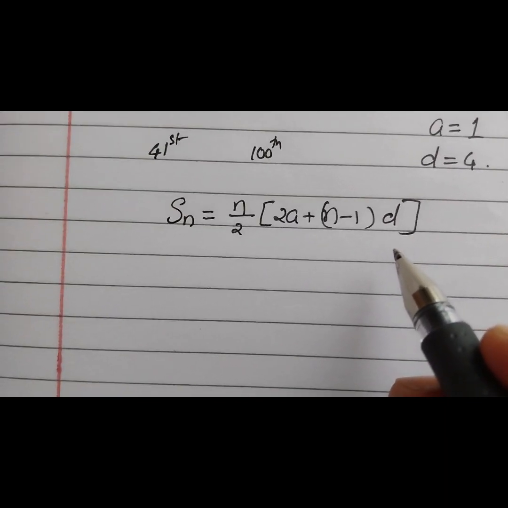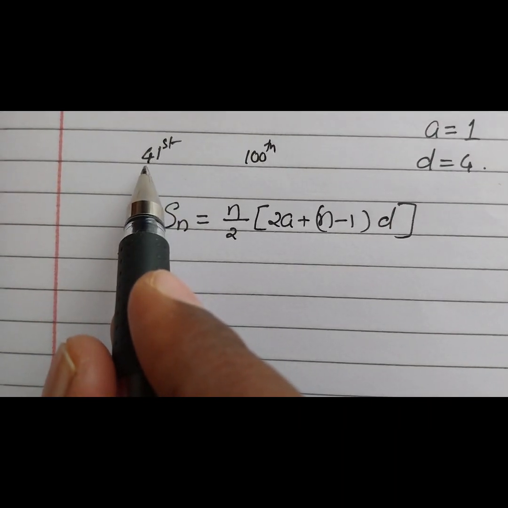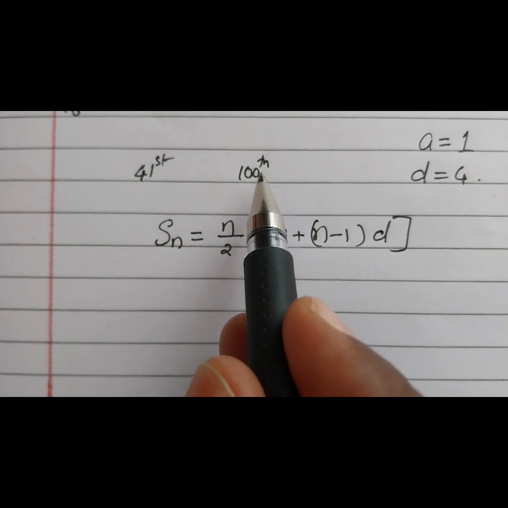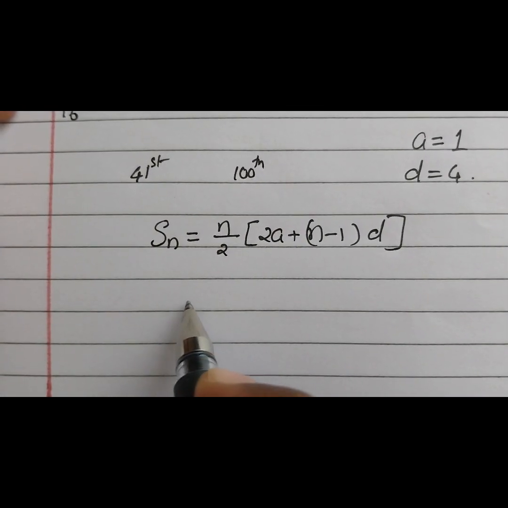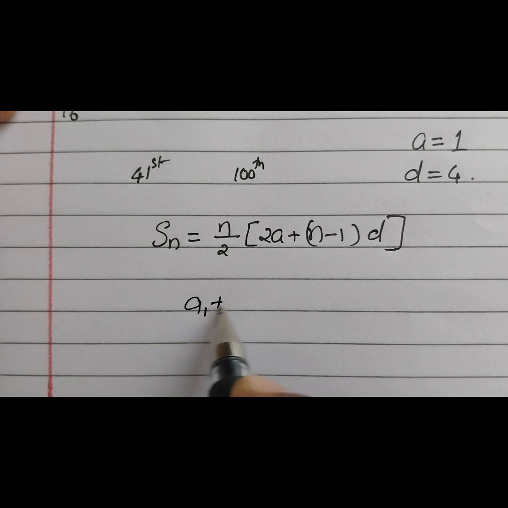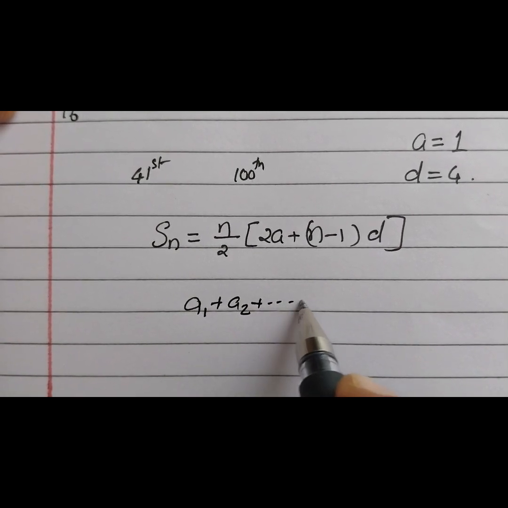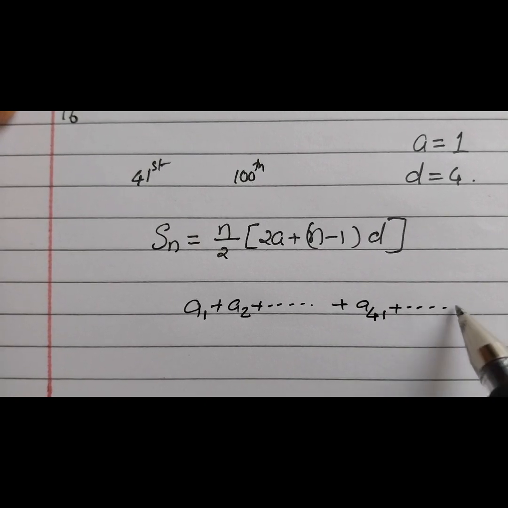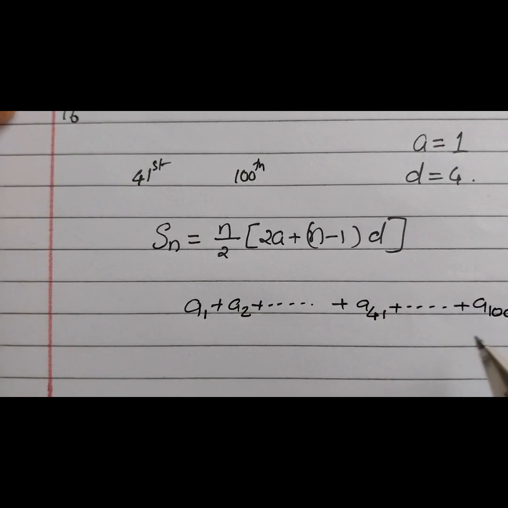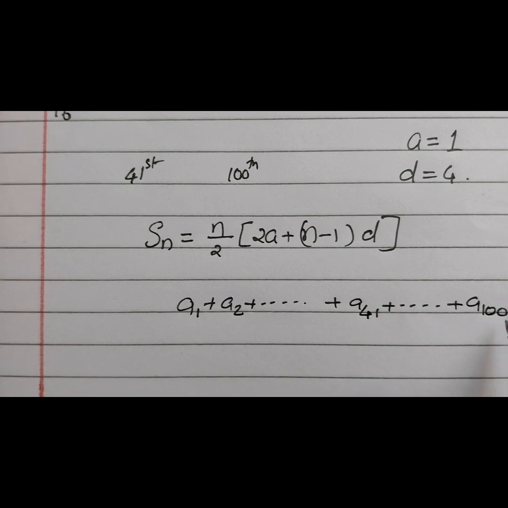So since you need to find sum of 41st to 100th term, let's see how the series is looking like. See, a1 plus a2 plus etc plus a41 plus etc plus a100. Suppose this is the sum of that 100 terms.